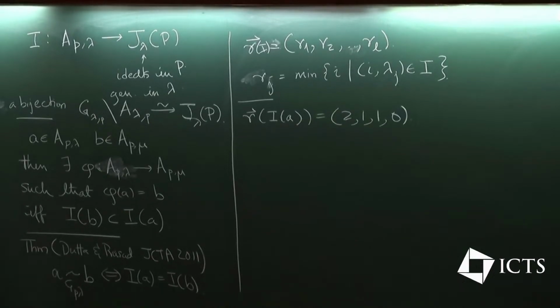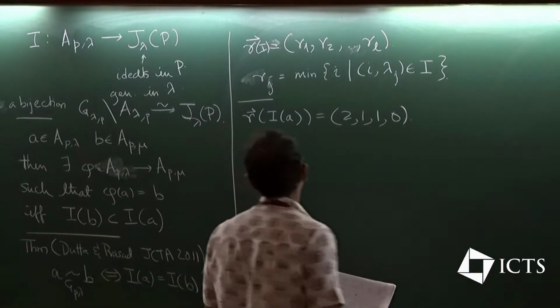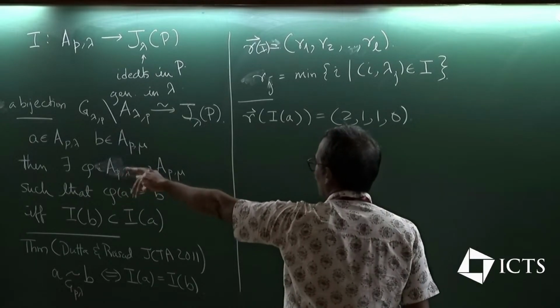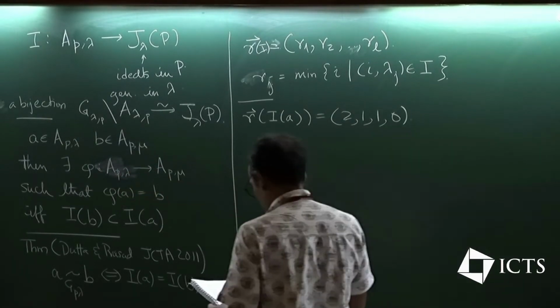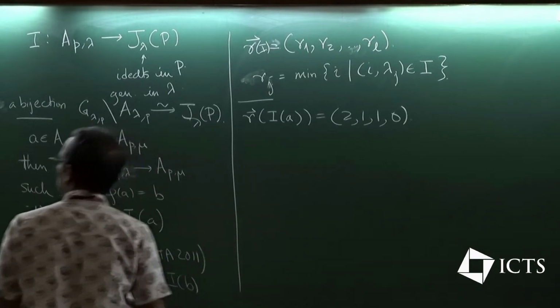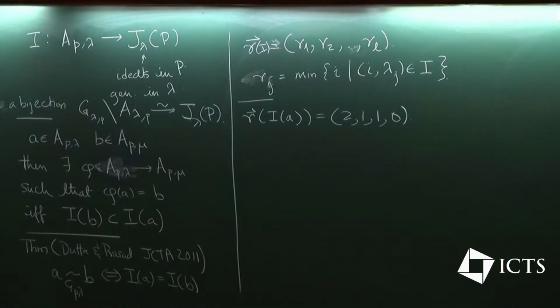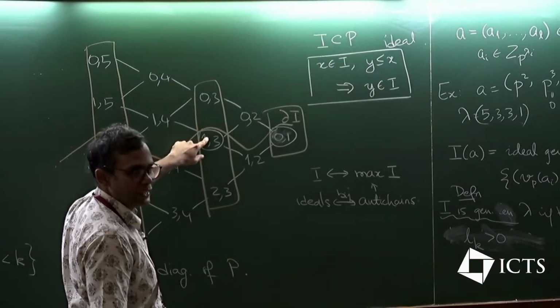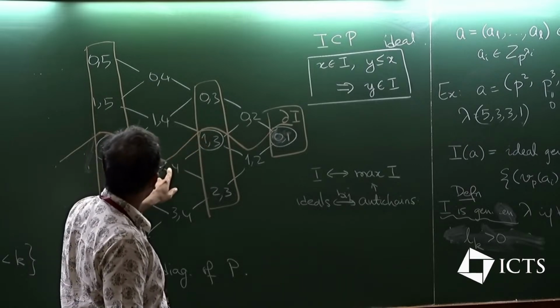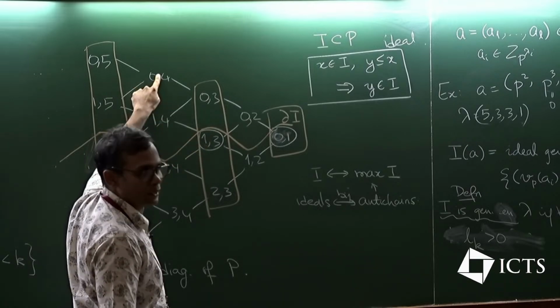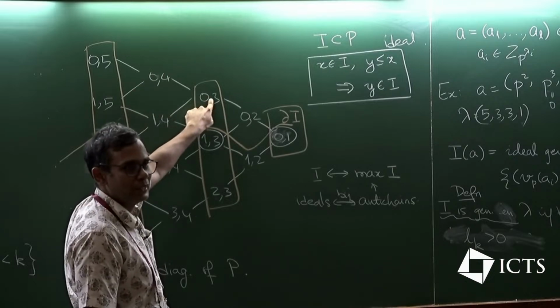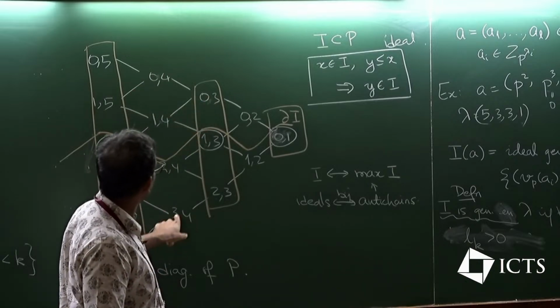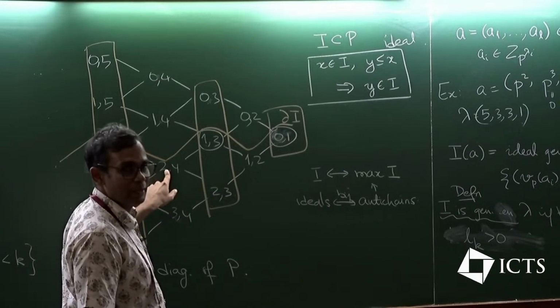So this lets us count. If I want to count the number of orbits, I just have to count the number of such vectors. So let's think about what that means. If you're looking at the boundary of an ideal, suppose this element is there, then where can the boundary be at the next stage? It could go down or it could go up. It couldn't be up here, because then this element would also be in the ideal. It couldn't be further down here, because then this element would also be in the ideal.